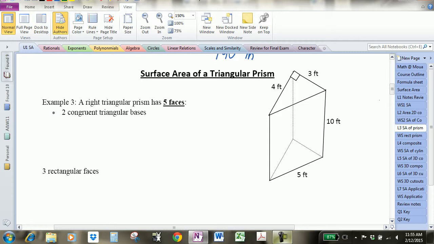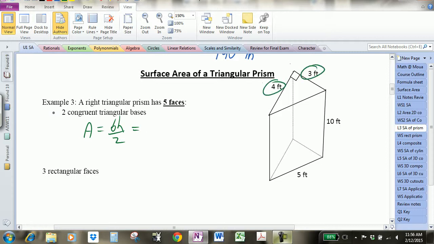Okay. We have a right triangular prism. It has 5 faces, 2 congruent triangles. Find the areas of the triangles. Go for it. So find one triangle. What are the triangles? What's the base and the height of the triangle? 3 and 4.